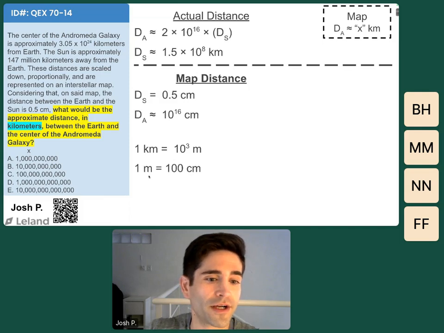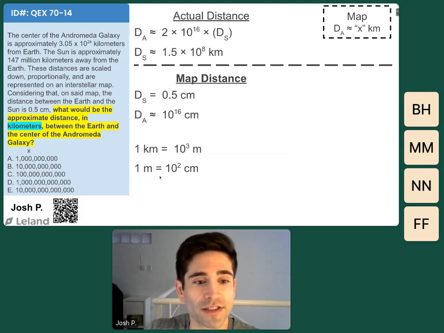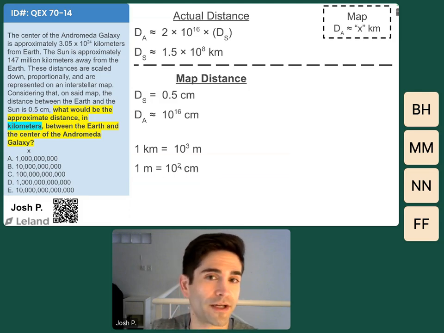We know that 1 meter is 100 centimeters. So 1 meter is 10 to the 2 centimeters. Now we can input the value for 1 meter in terms of centimeters. So 1 kilometer is equivalent to 10 to the 3 times 10 to the 2 centimeters, which of course gives us 10 to the 5 centimeters.